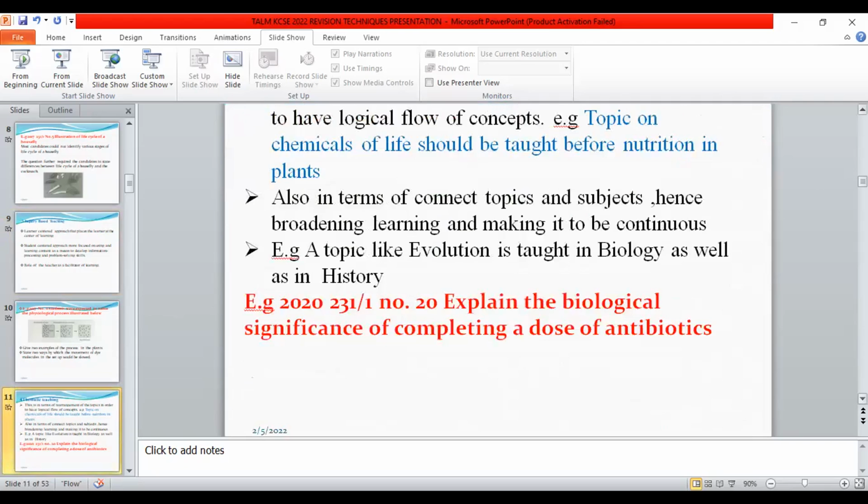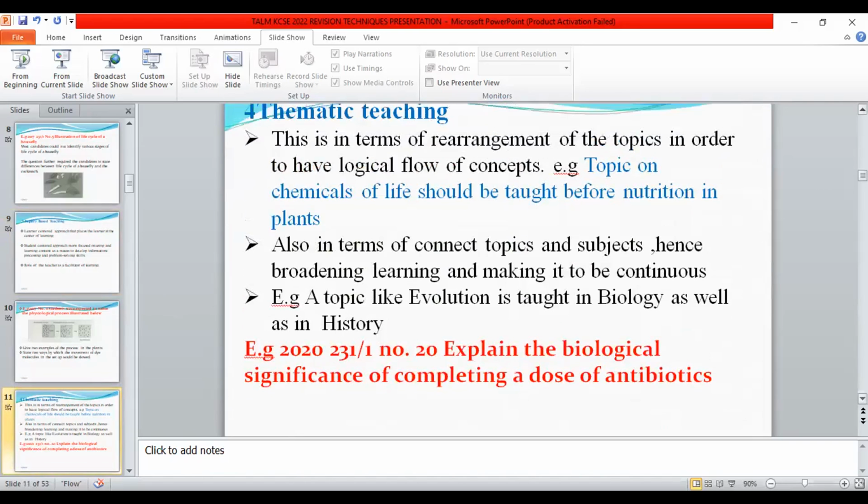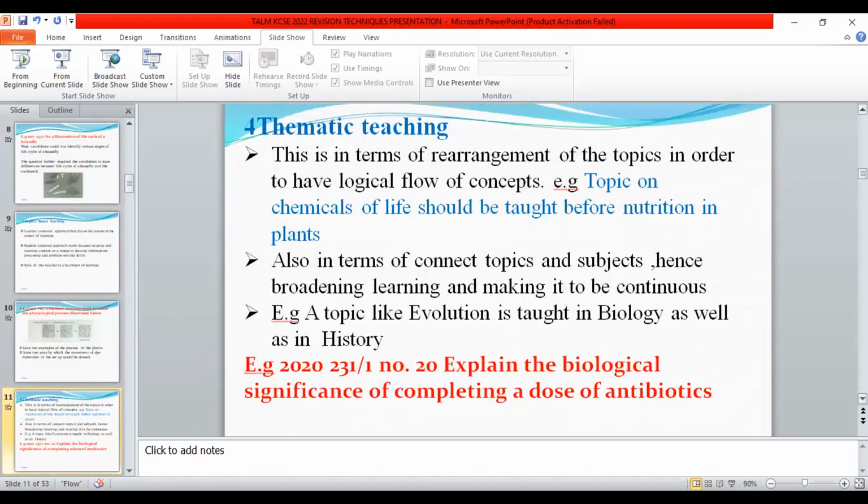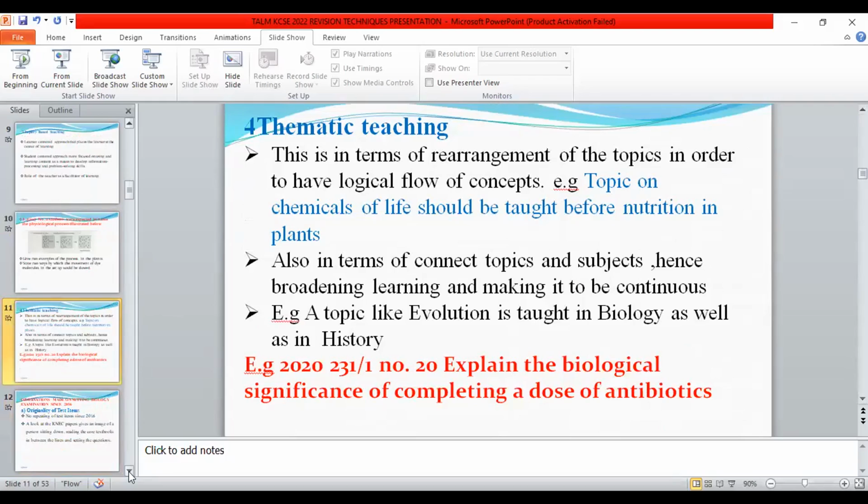As biology teachers, we normally struggle a lot when we are trying to teach the evidence of geographical distribution. And yet, this is a concept that is very well understood by the same students when they are learning geography. So it is because of lack of thematic learning amongst our learners that you find students are not able to score in items where such knowledge on linking of the topics is required.